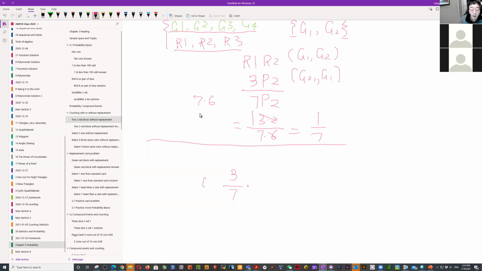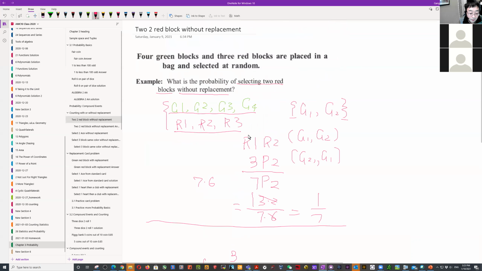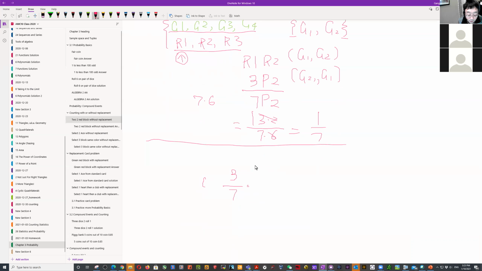After choosing the first one, it could be any one. For example, let's visualize choosing the first red block. Then the remaining sample space has a cardinality of 6, because you have 4 green blocks and 2 red blocks left.